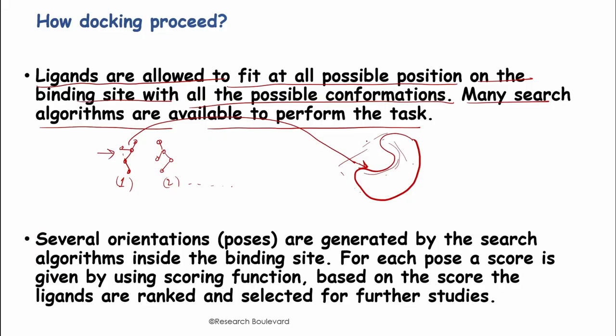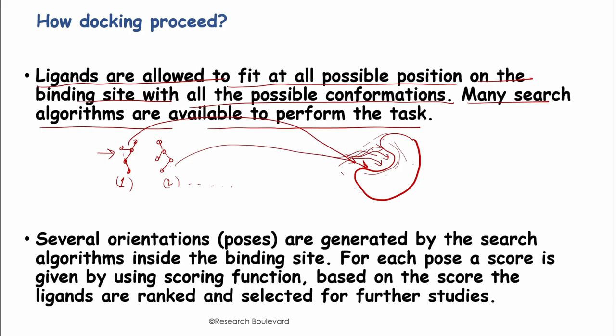So many conformers with different poses will be generated. Several orientations of poses are generated by the search algorithm inside the binding site.